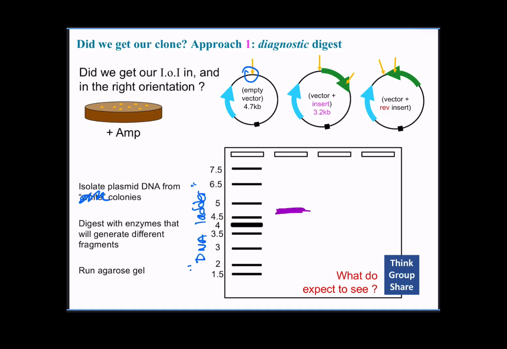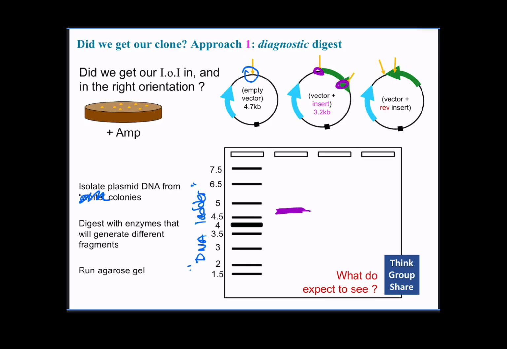Now that we did it for the simplest of examples, let's do it for a slightly more difficult one. So let's say now that you pick up a colony that, like us, had the right vector with the insert in the right orientation. You digest that vector with insert with the same restriction enzyme, except that now the restriction enzyme has a target site in the vector itself, like it did in the previous case, but it turns out that your insert of interest also has a target site for it.